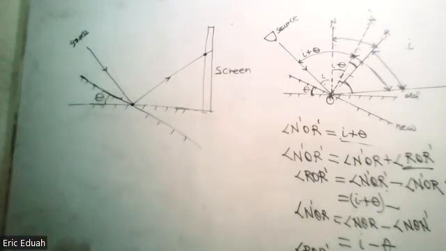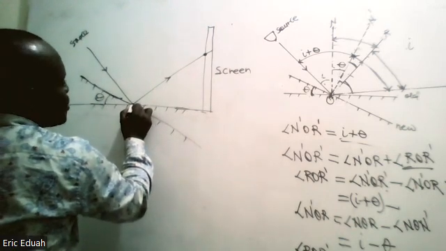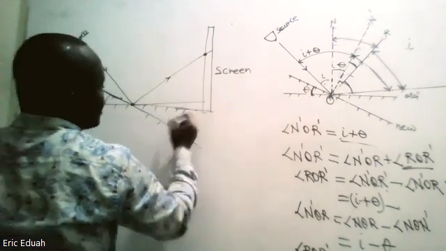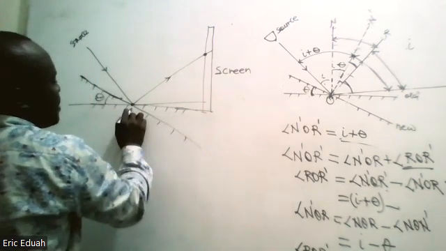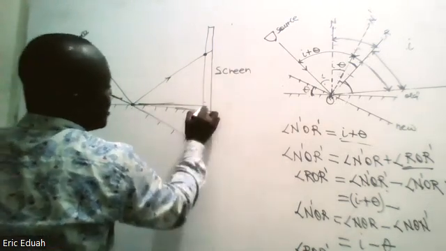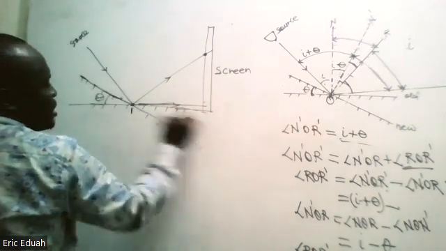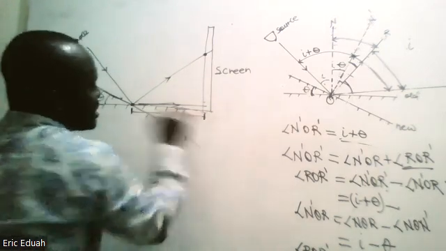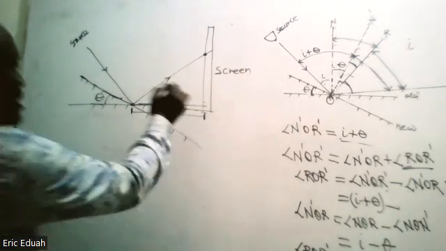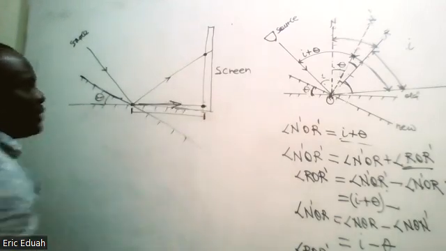But we are told that this produces a spot on the screen at maybe a distance so and so from the mirror. Sometimes this is given at a distance so and so from the mirror. So from this point to the screen, this distance can be given. So this is the spot created by the new reflected ray.